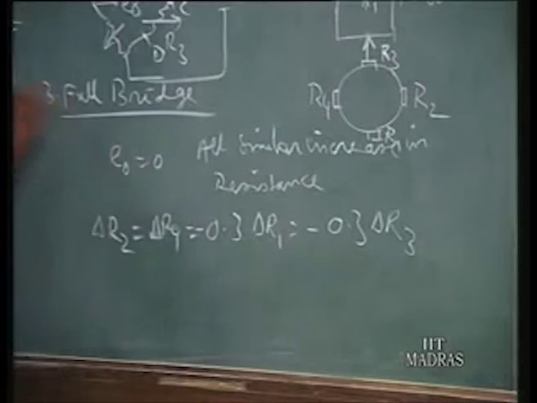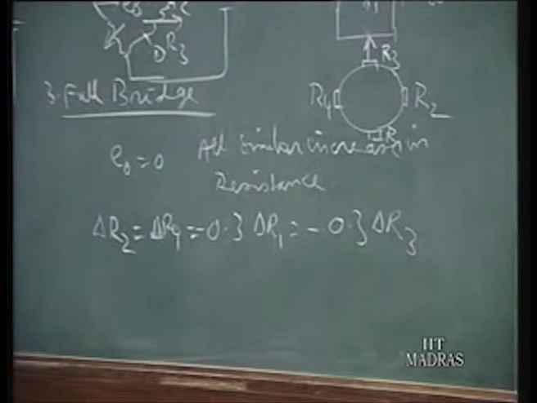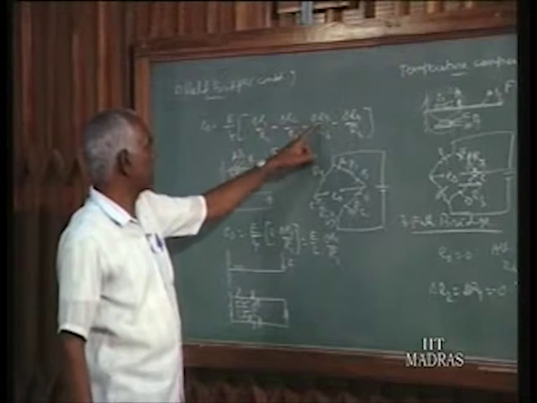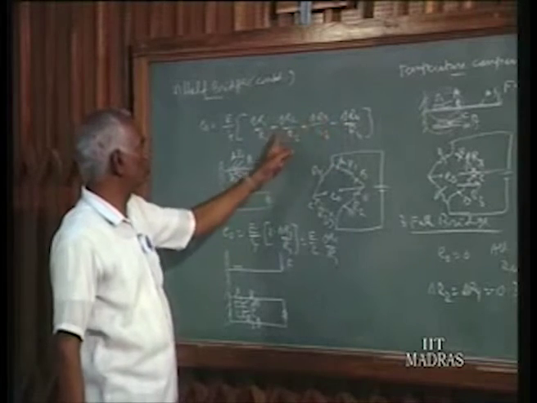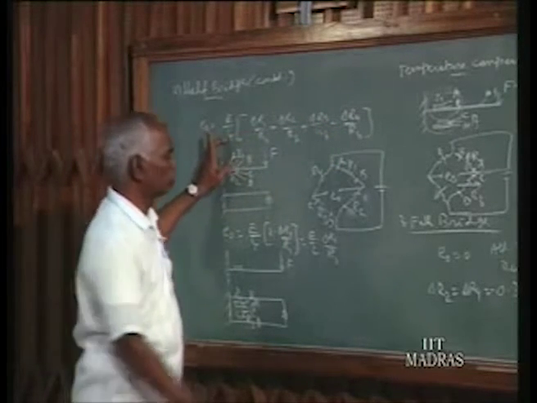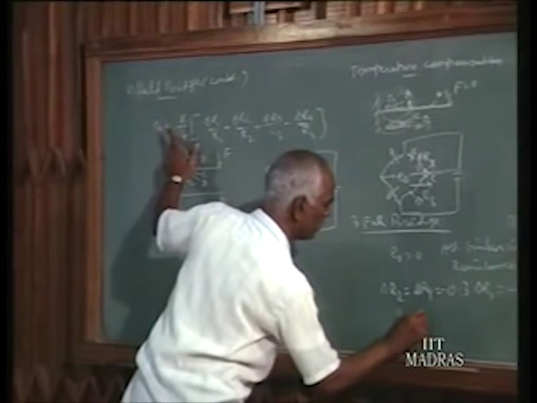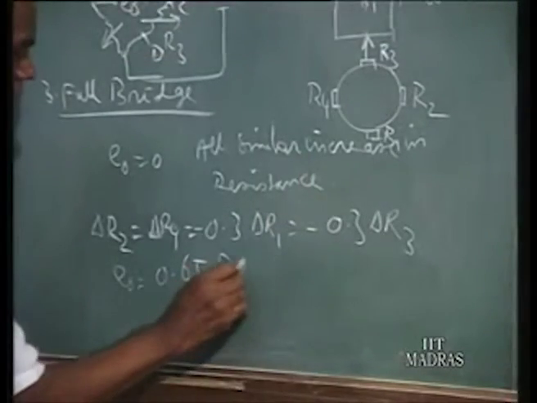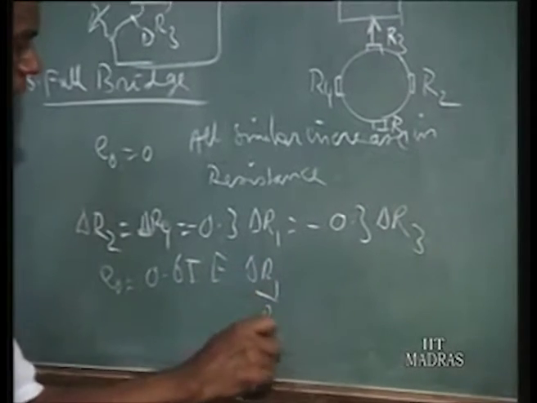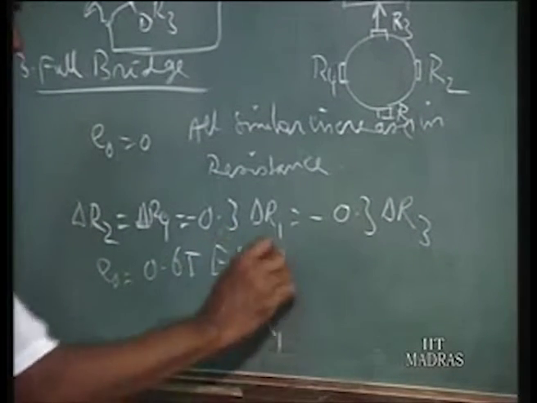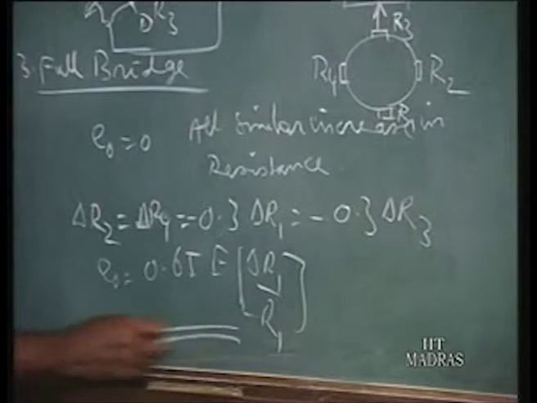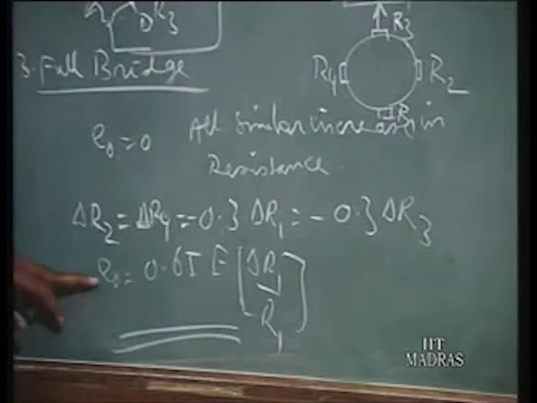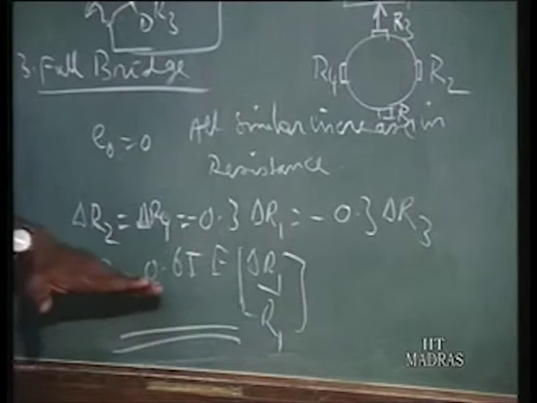So substituting this 0.3, delta R1 and delta R3 are axial strain, and here minus of minus, and here also minus of minus 0.3. So 2.6 by 4. So EO will be 0.65 E into delta R1 by R1. Under this condition the magnitudes are the same, and the transverse strains are 0.3 times the axial strain. Then you will get the Poisson's configuration like this. For the Poisson configuration, E output will be 0.65 times, that is little more than the half bridge.